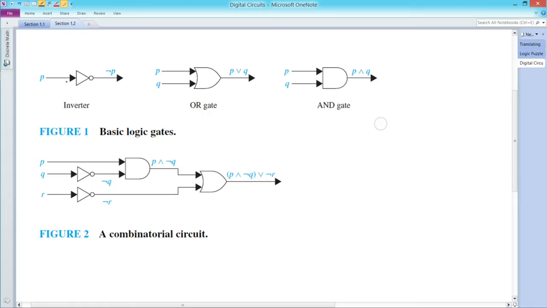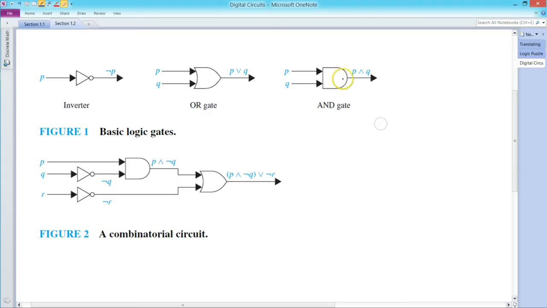The second type of gate is called the OR gate, and it takes two input signals, P and Q in this case. Each is a bit, and it produces the output P or Q. The OR gate is represented by this graphical icon.